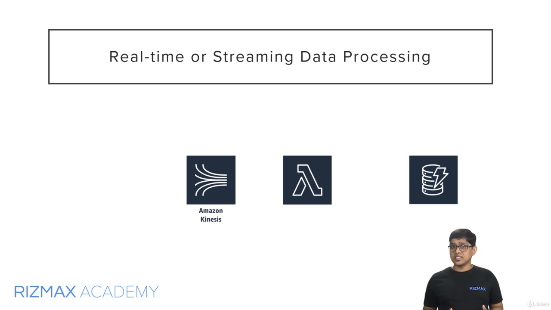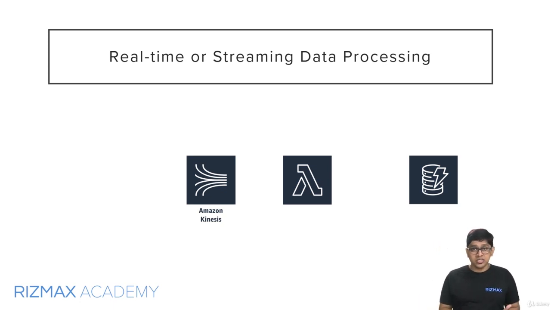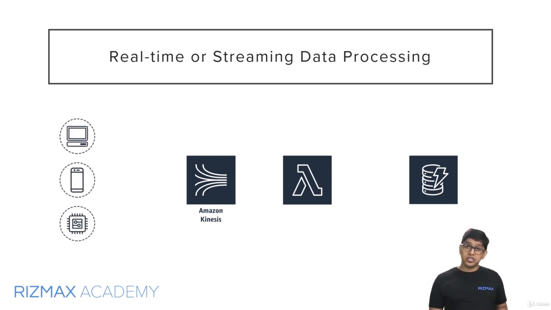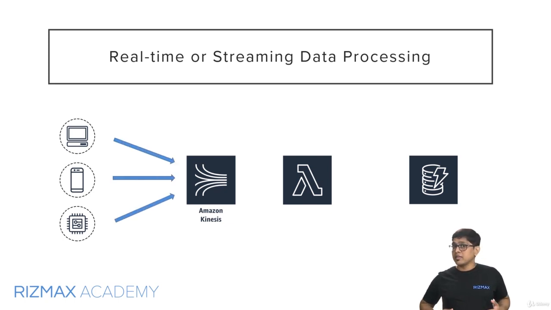Amazon Kinesis is a service that lets you collect, process, and analyze real-time streaming data from multiple sources at absolutely any scale. And you can literally process terabytes of data every hour coming in from thousands and thousands of sources simultaneously. For example, social media streaming data from several sources can be loaded into Kinesis simultaneously and then processed in real time using AWS Lambda and DynamoDB.